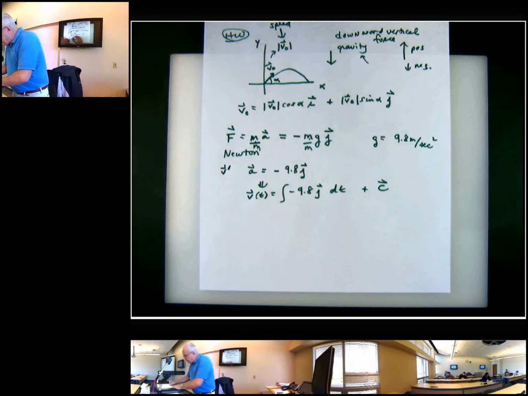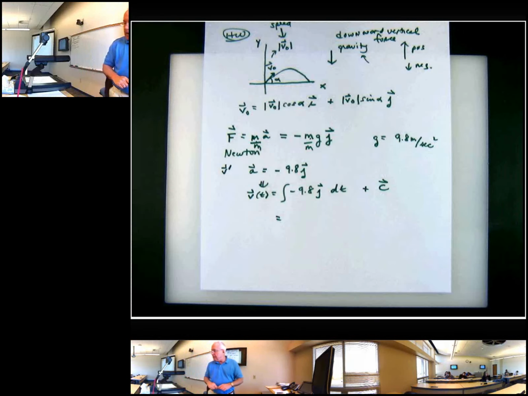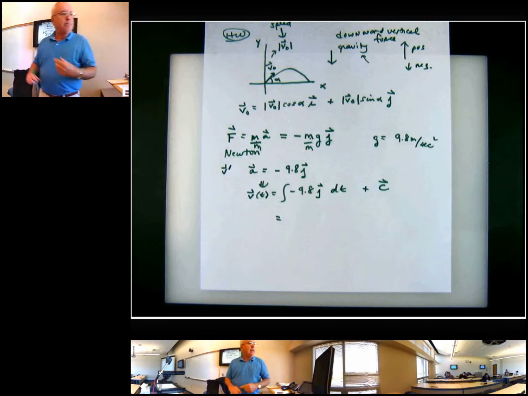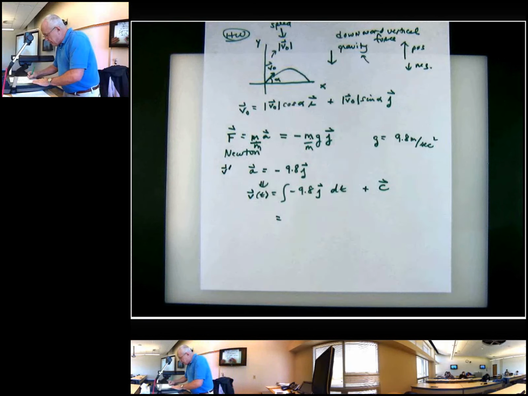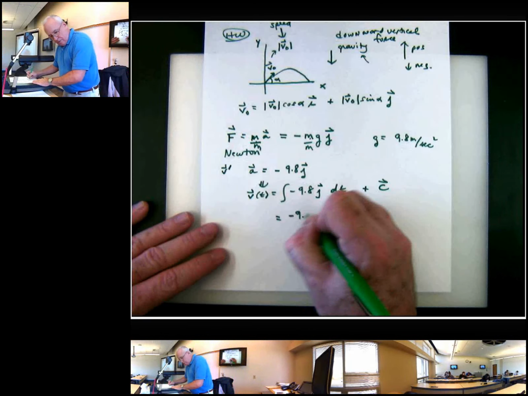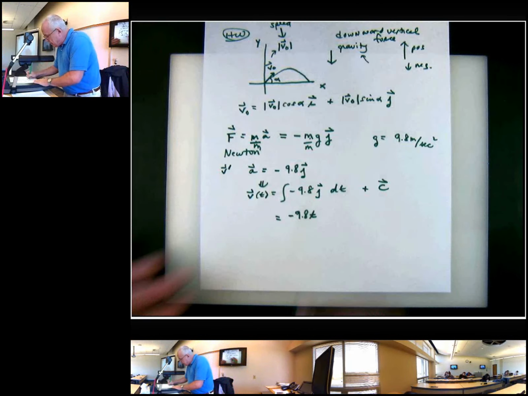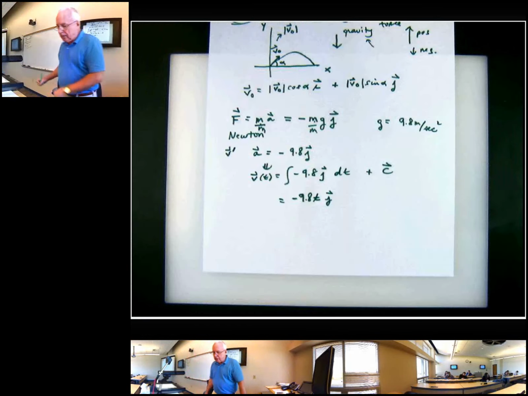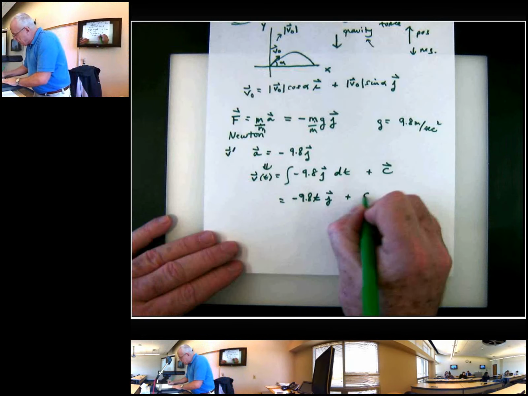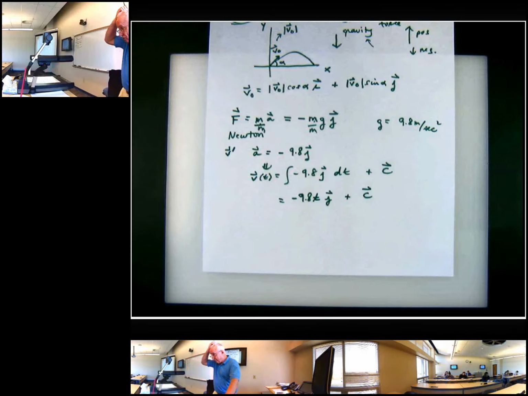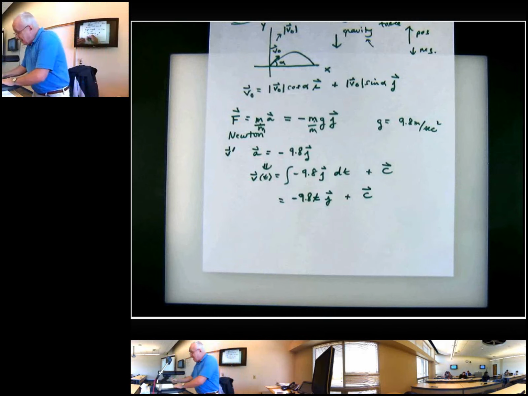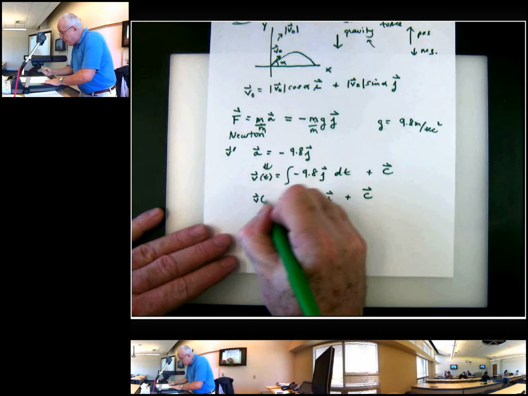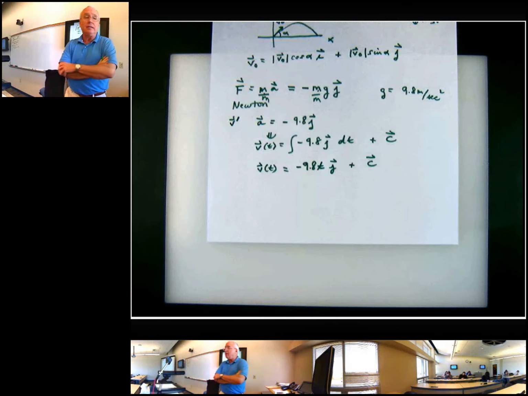The antiderivative of minus 9.8 is minus 9.8 times t, and that's in the j vector direction, and then plus our general constant. So this is our velocity function.